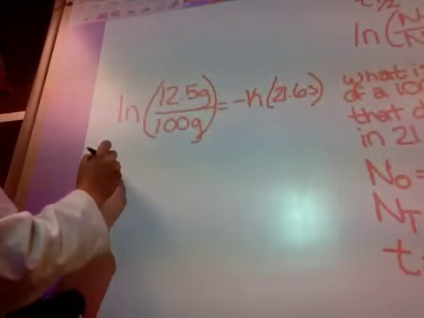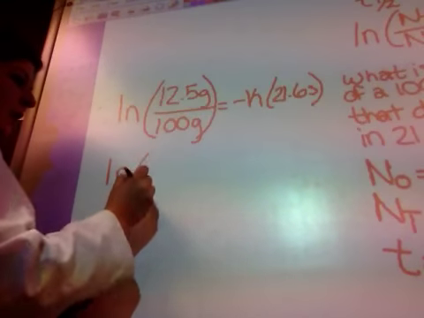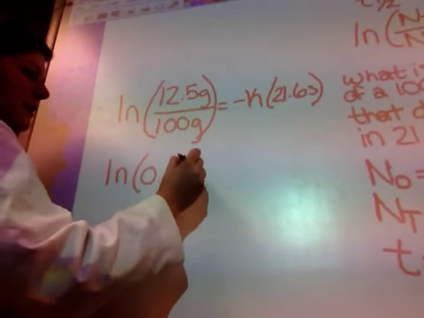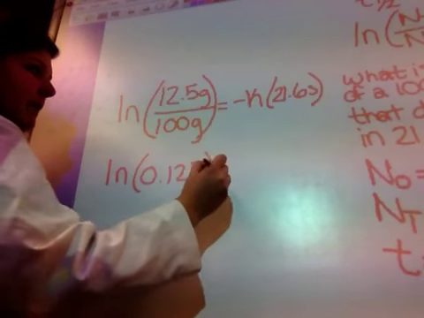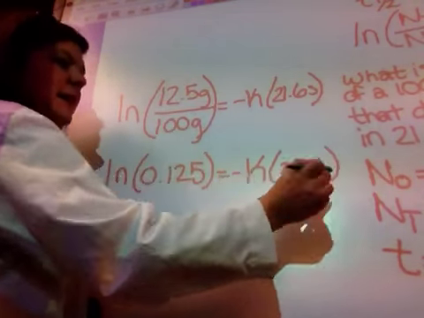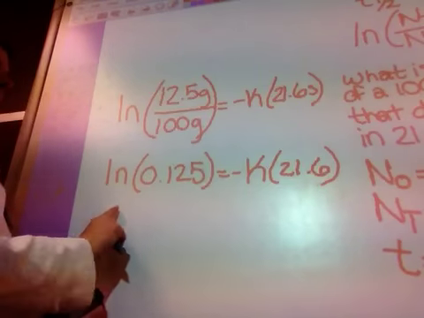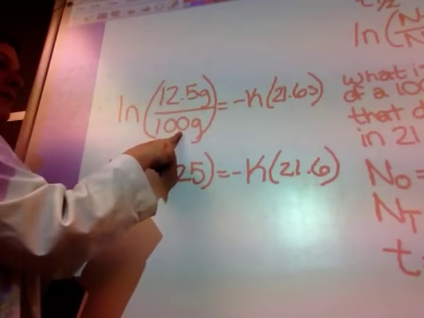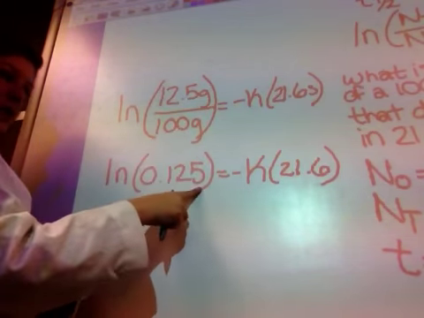So that means that I need to take the natural log of 0.125. I haven't done anything with that other side yet, so I'm just going to carry that down. I just want to get this to be simplified. So I took 12.5 divided by 100. I got 0.125.